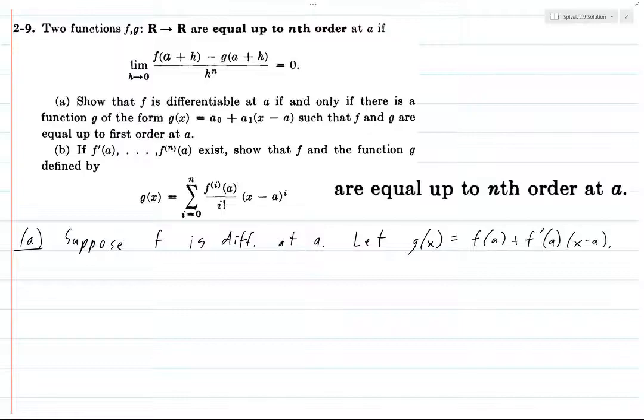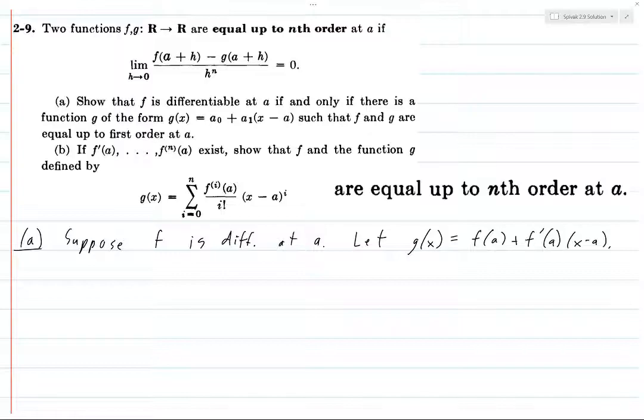So this is a line which passes through the point a comma f of a, which has the same slope as the derivative of f at a, and so it's a tangent line to f at a. And so it makes sense that this should be the function which is equal to f up to first order. That would be precisely the derivative.